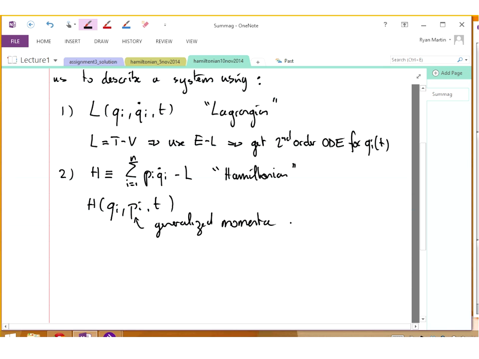In particular, we spent a lot of time showing that H doesn't depend on the q_i dots, and that it's possible to write H as only depending on the q_i's and p_i's. So we've truly performed a change of variables where we've replaced the q_i dots by the p_i. And we've promoted the p_i to be proper variables that describe the system on the same footing as the coordinates.